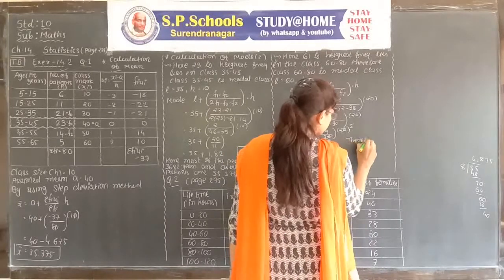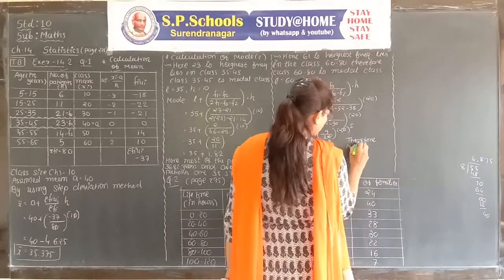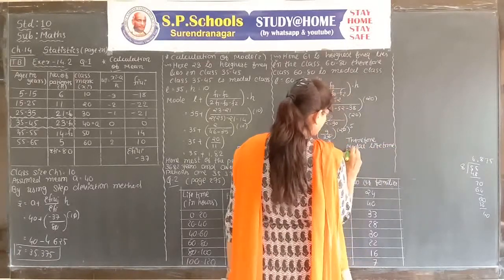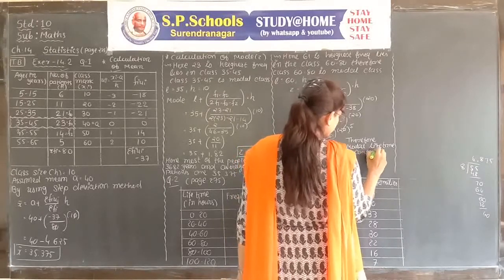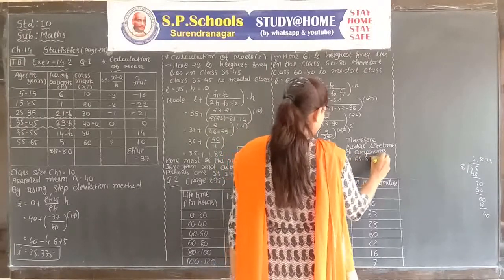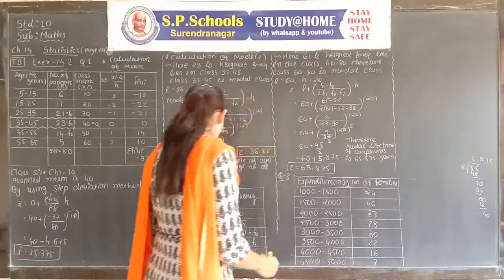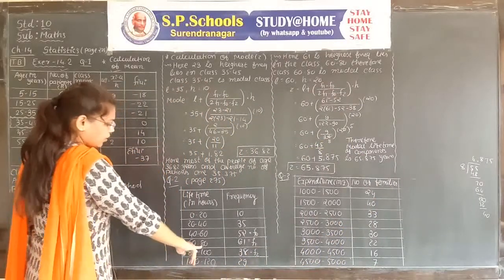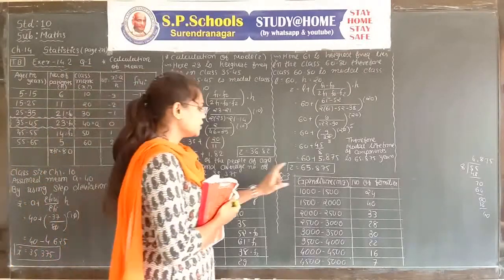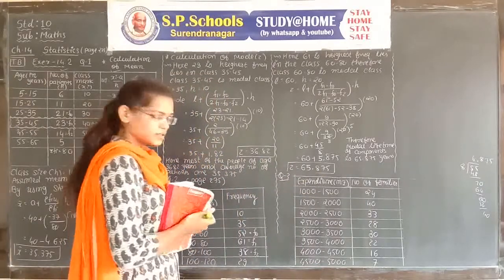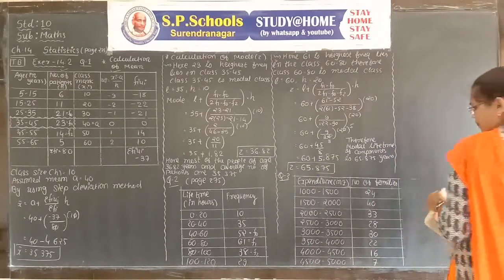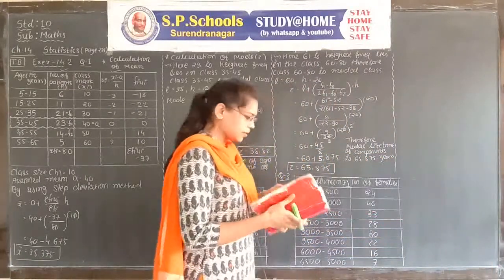Therefore, the modal lifetime of components is 66.875. Keep in mind, our answer always lies in our modal class. Our modal class is 60 to 80. The answer lies in this class interval. Now we discuss the third number. Third number is again on page number 275.